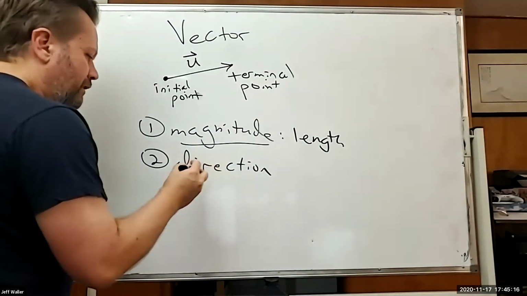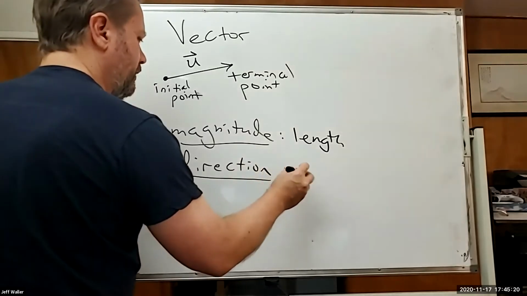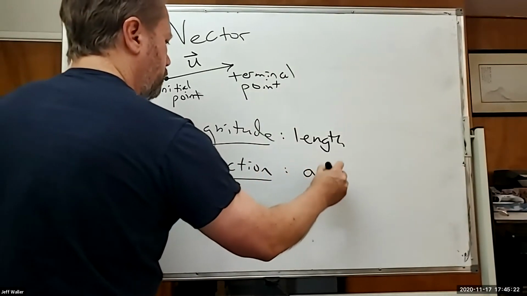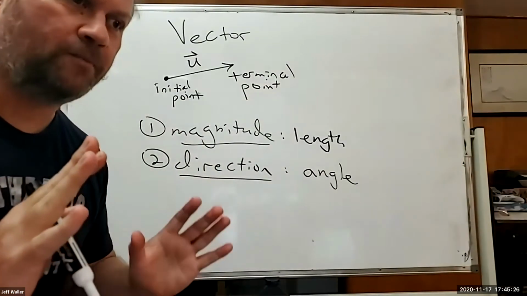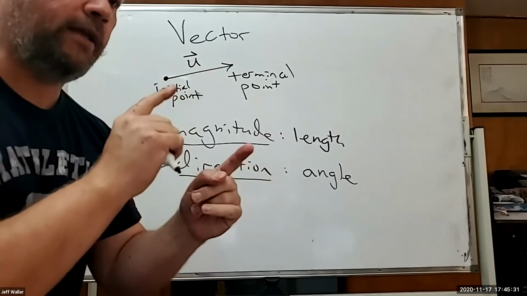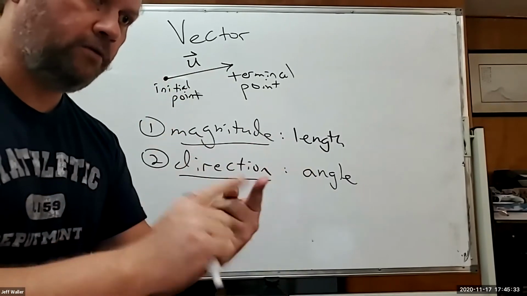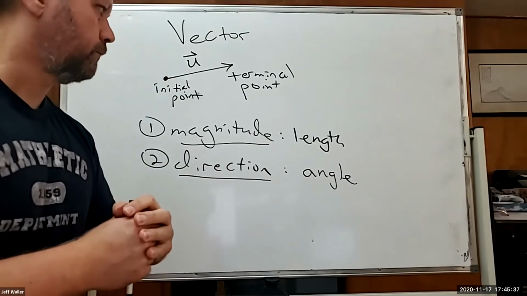And direction, this is going to be interesting. Direction really is about the angle, but there will also be a direction vector that we're going to talk about later. But for any given vector, it's going to have a length, a magnitude, and a direction.